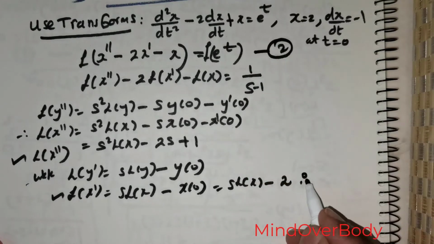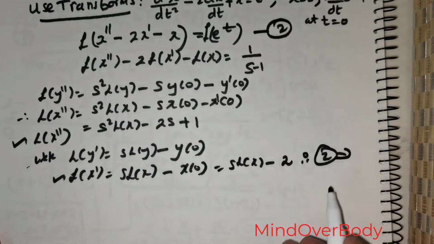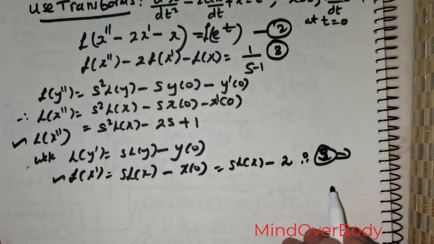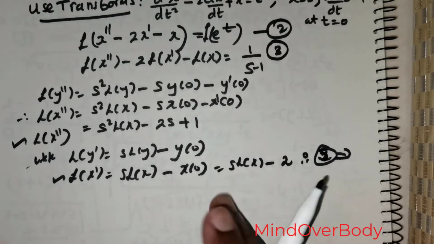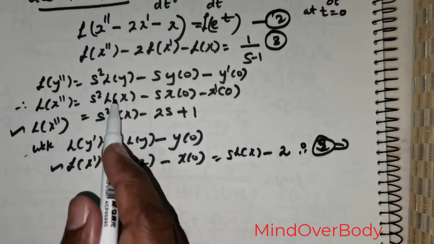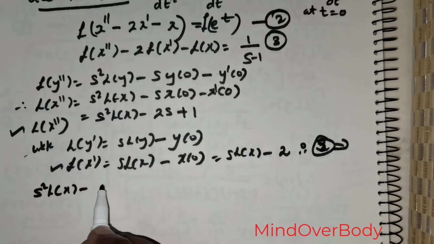So therefore I can rewrite this, in fact, okay, let me take this as 3 and place here 3, right? So I can rewrite 3 as L of x double dash. I'm going to have this as S squared L of x negative 2 times S positive 1.